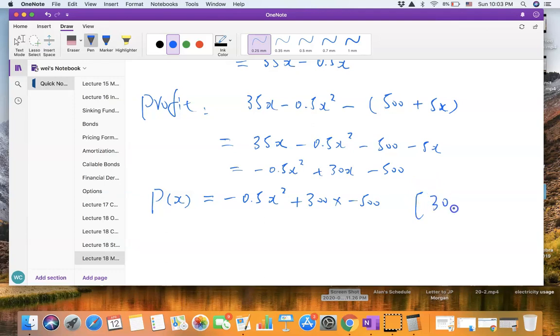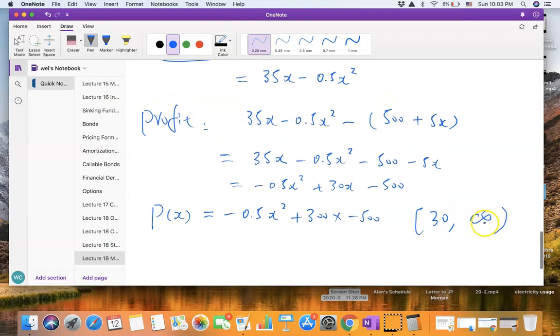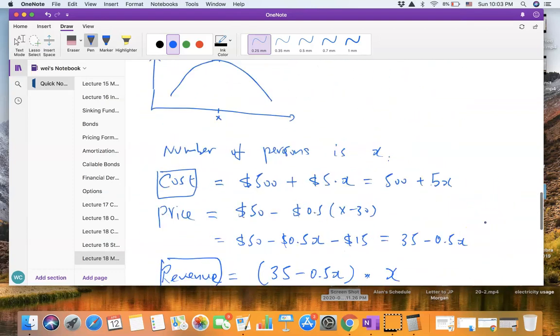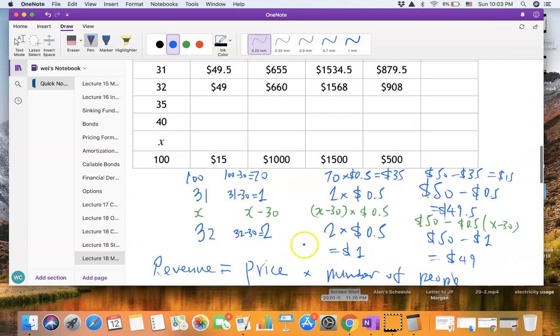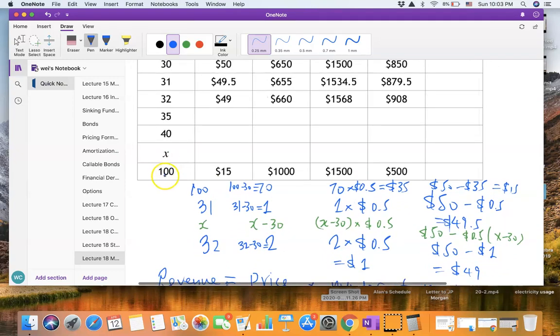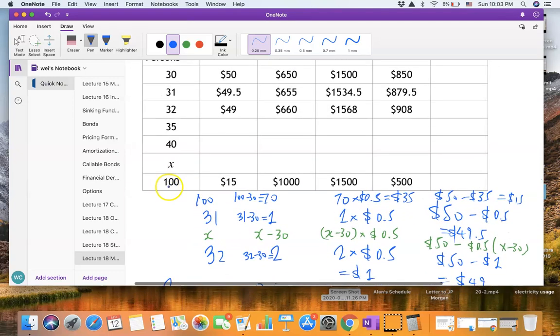So the minimum of the domain is 30, and the maximum is infinity. Now, of course, if you're smart, you can see here, because we tried 100, right?